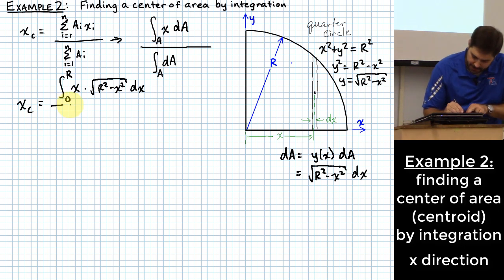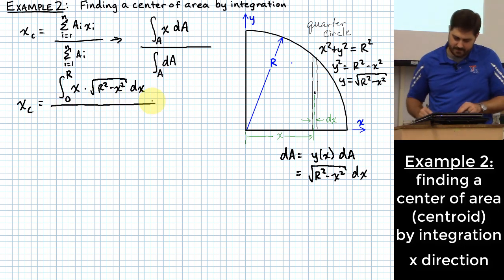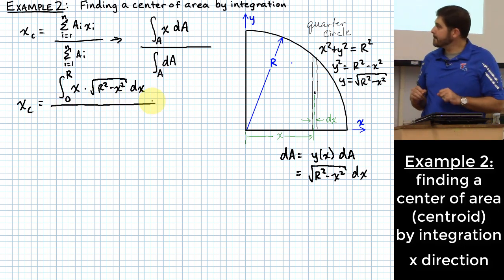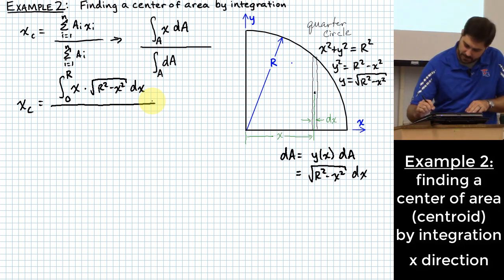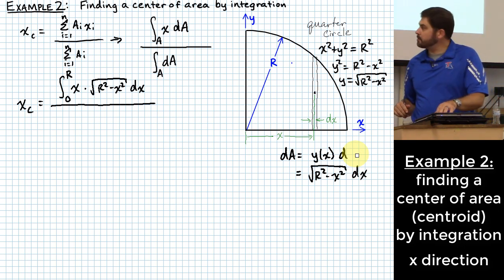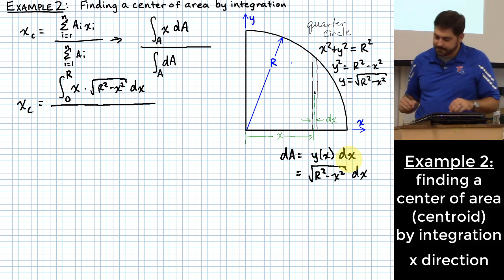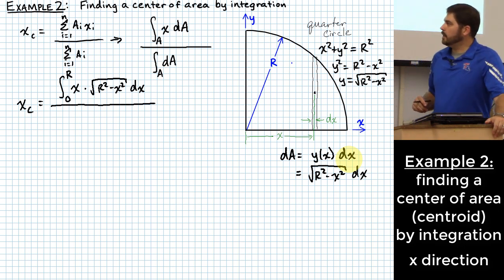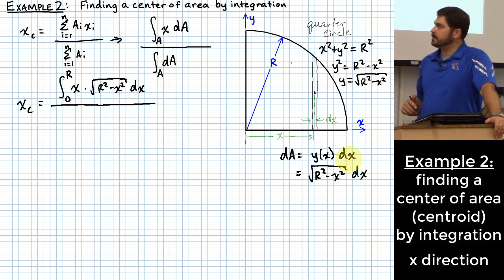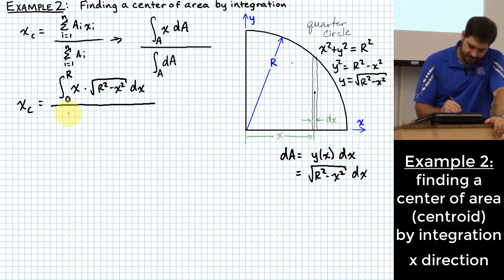And what do I put in the denominator? Thank you. Someone said, is that supposed to be y of x times dx instead of dA? And that is absolutely true. Thank you. All right, so what do I put in the denominator?